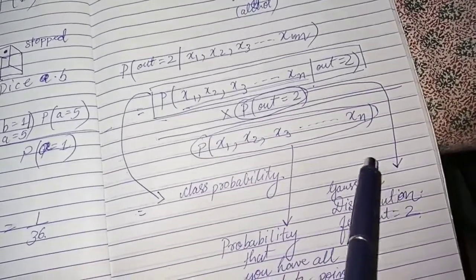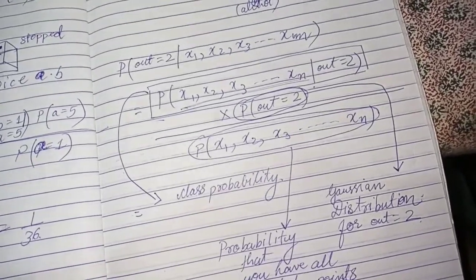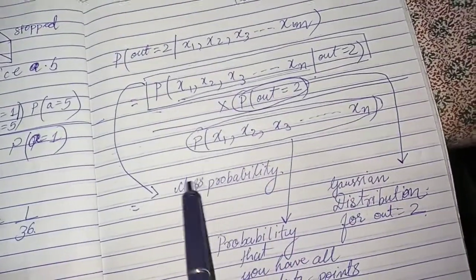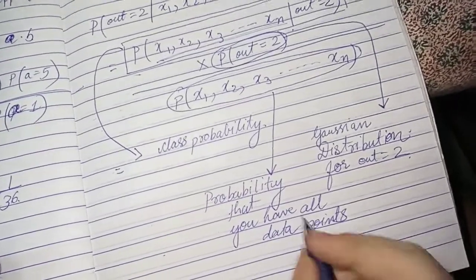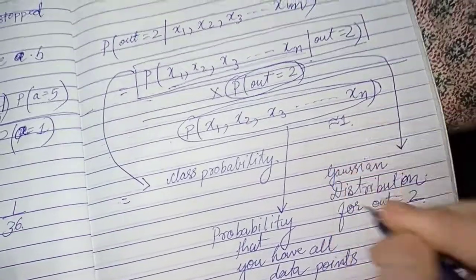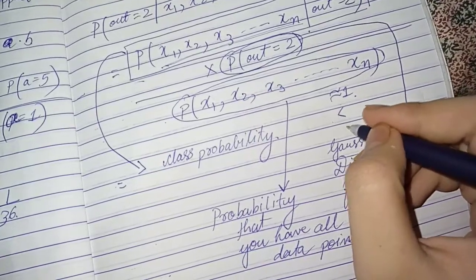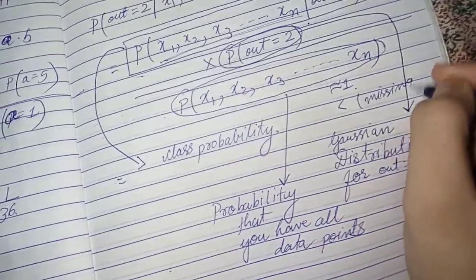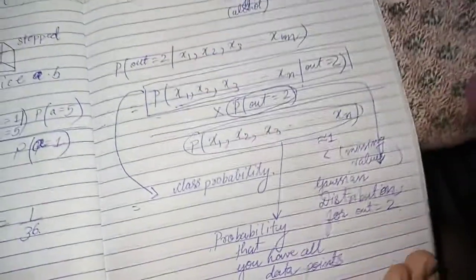This is the Gaussian distribution in which we will be fitting the values of these many variables, and this is the probability that you are having all the data points. This is generally equal to 1 in most of the cases, but it will be less than 1 if you are having missing values.